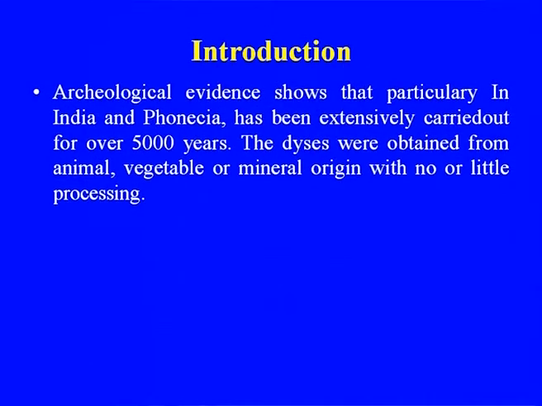Archaeological evidence shows that dyeing, particularly in India and Phoenicia, has been extensively carried out for over 5000 years. The dyes were obtained from animal, vegetable or mineral origins with little or no processing.